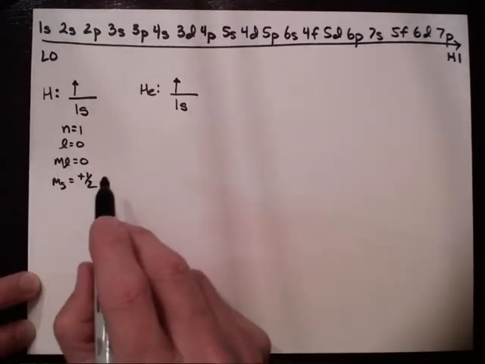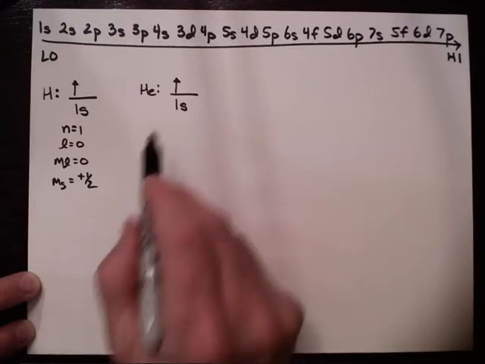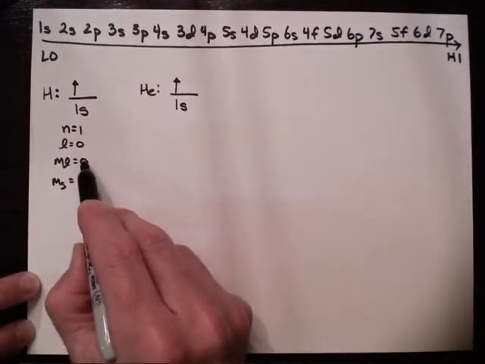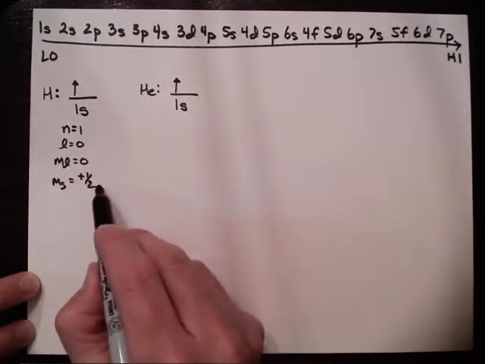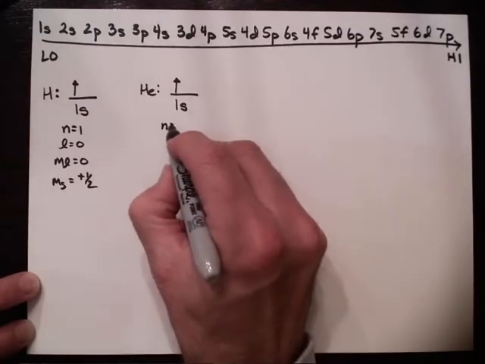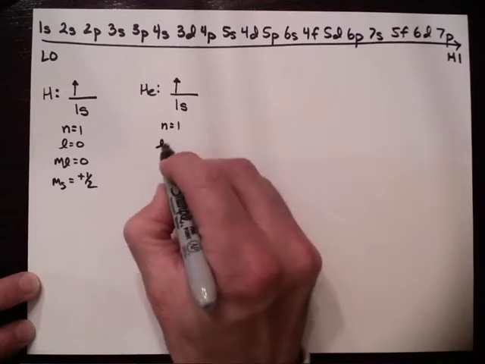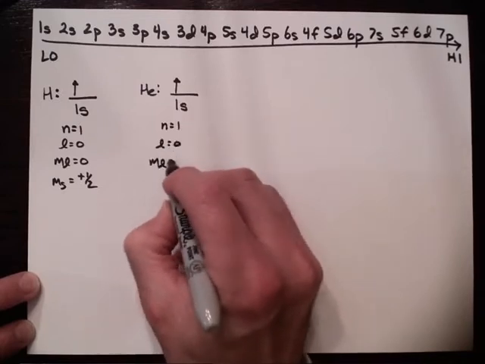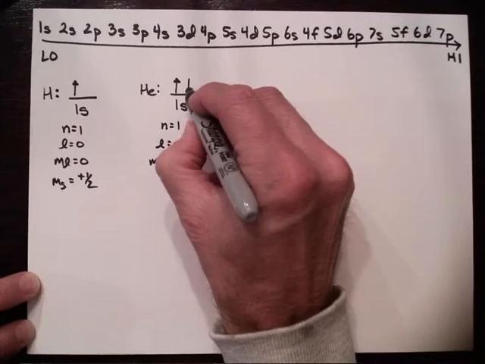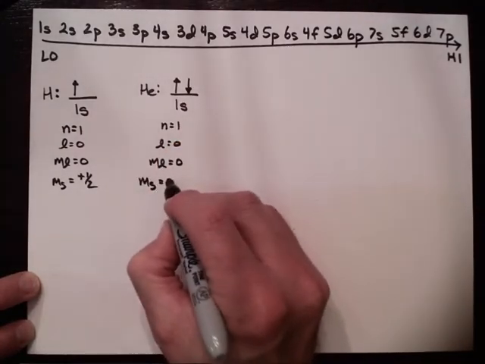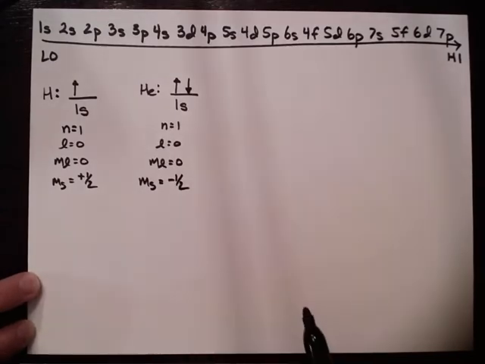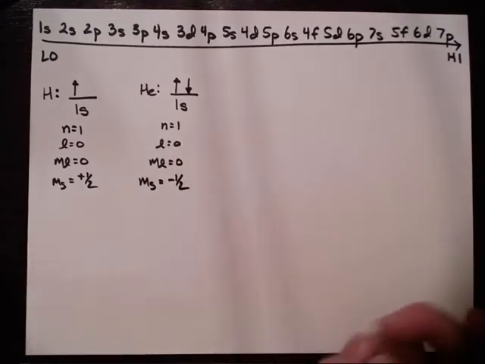That's going to need to have one of the quantum numbers different. So this first electron has these 4 quantum numbers. The second electron cannot have the same 4 quantum numbers. It can have 3 of them the same, which it does. N is 1, L is 0, M sub L is 0. But we're going to have to stick that second electron in with a different spin. So this one's going to have negative half. And in that case, we're done.